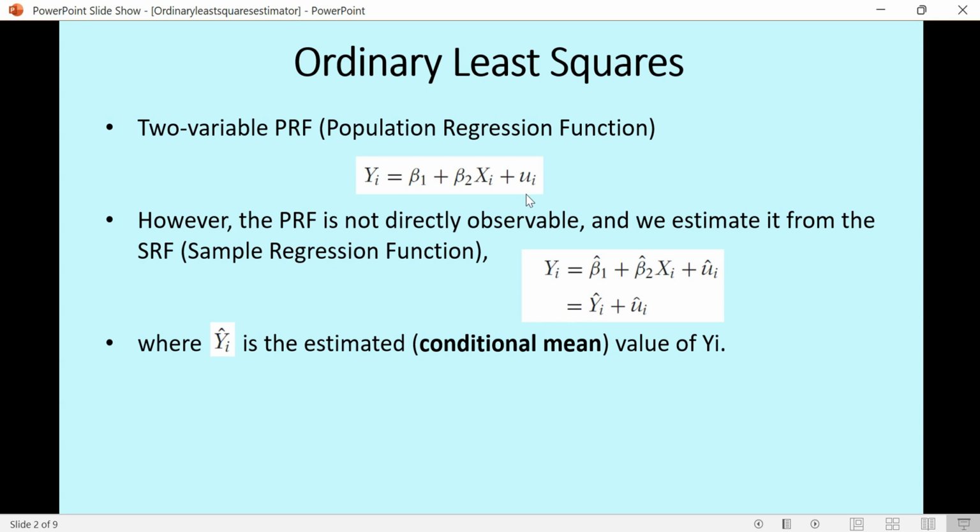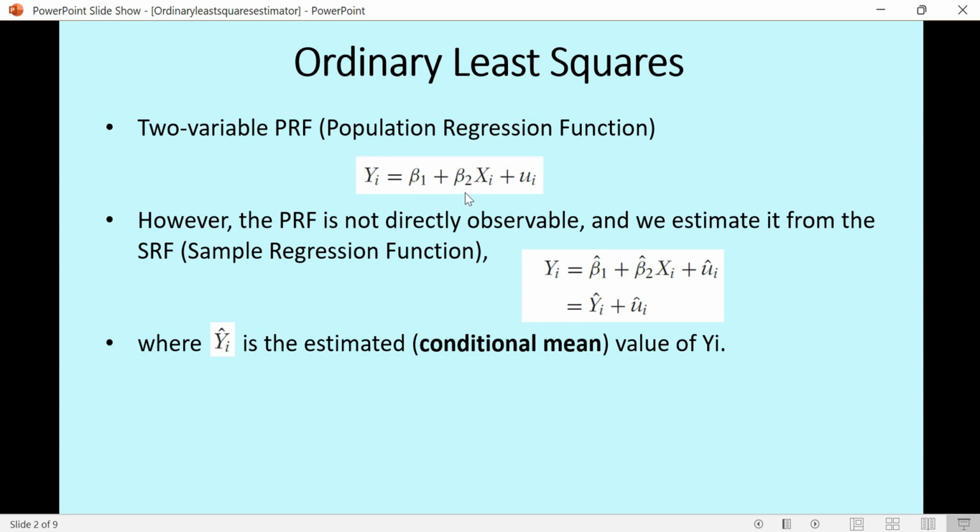We know xi is related to y, but we cannot include all the x variables in the equation, because we have no data or because they have very little effect compared with the main variable. So we include all these factors in the disturbance, and this is called ui. This is the population regression function, or the population regression line.